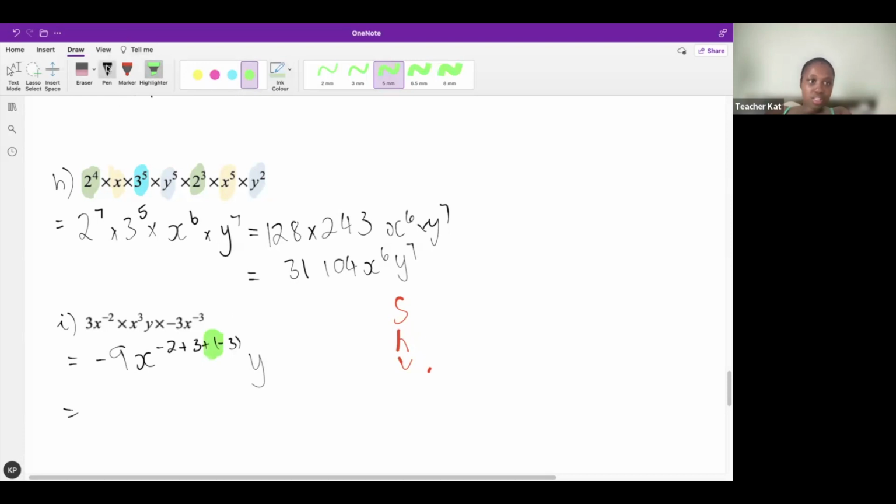This positive negative is going to become a negative. So it's going to be -2 plus 3 minus 3. What's -2 plus 3 minus 3? Thank you very much, guys. It's -2, and that's my final answer: -9x^-2 y.